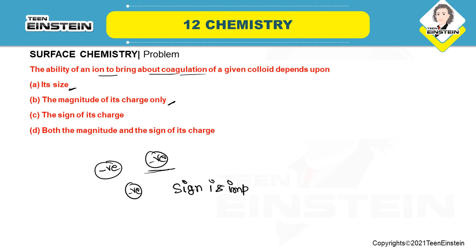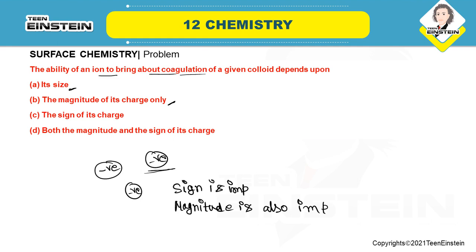No, it is not enough. Magnitude of the charge is also important. Because remember, according to Hardy-Schulze rule, the valency of the coagulating agent is directly related to coagulation power. So higher is the valency, higher is the coagulation power.